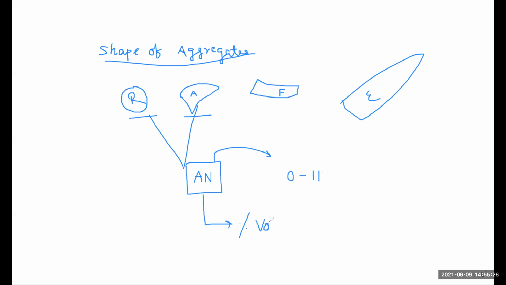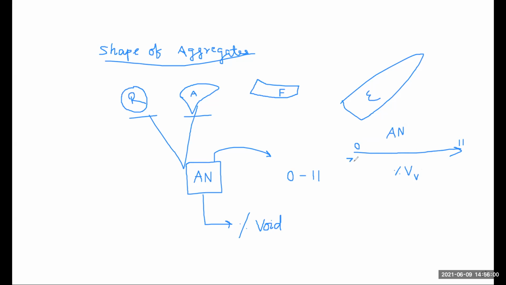I discussed angularity number is represented in percentage void. So basically, I give a scale. There is an angularity number scale from 0 to 11. Numbering is marked beneath this scale. Percentage volume of void is also calibrated in the form of AN.